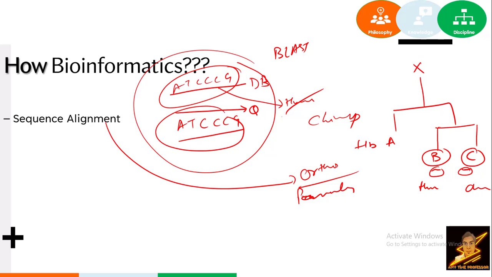We can also find paralogous genes. For example, the same gene performing a different function but present in the same organism. I'm taking another example of the same thing, hemoglobin: the hemoglobin coding gene in nerve cells and RBCs. These are examples in which the same gene is performing a different function. In one case it is overexpressed, and in another case it is underexpressed.